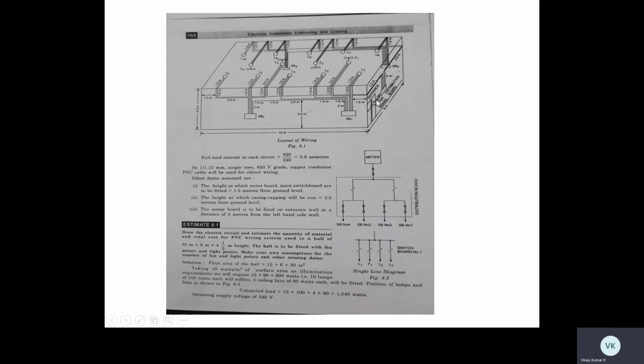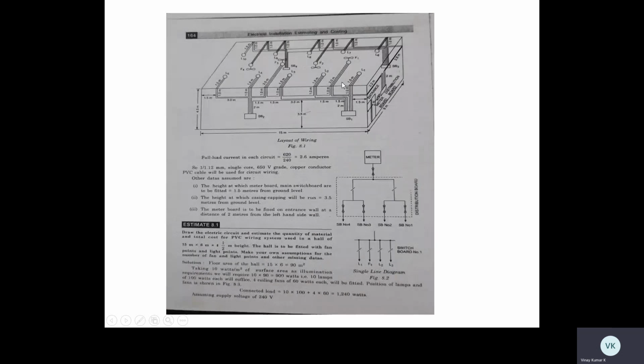After calculating all the PVC conduit lengths, we have to calculate from this distribution board to each line. We can calculate the total PVC conduit required, that is about 84.2 meters, from distribution board to meter board to each lamp, each fan and each subcircuit.